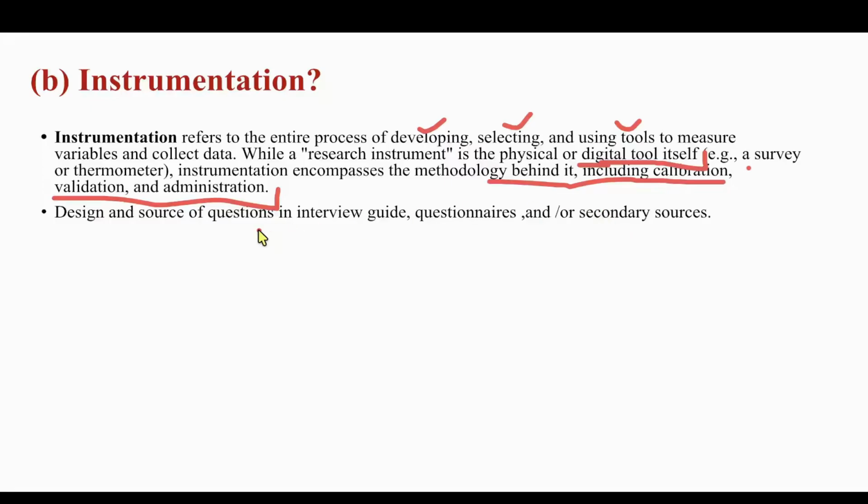So here we have to mention clearly in the methodology, because it clearly indicates in our paper what exactly we have used, whether we have used a questionnaire, whether it's primary data source based research or a secondary data source based research. So we have to clearly indicate that.